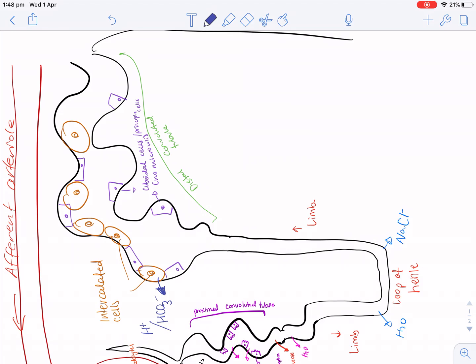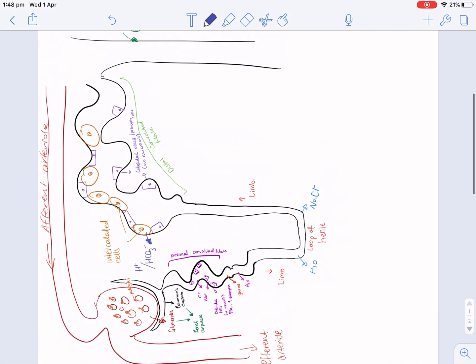So, in other words, if your blood is not alkaline enough, you will secrete a lot of hydrogen. But if your blood is too acidic, you'll reabsorb a lot of bicarbonate so that you can neutralize the pH of the blood.